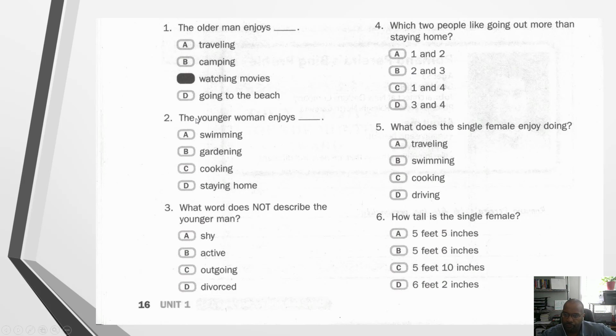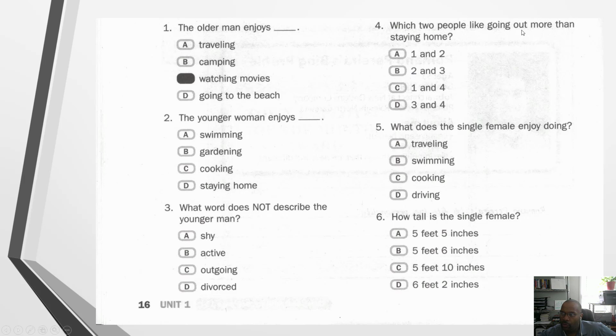Number 2, the younger woman enjoys, I chose swimming. Number 3, what word does not describe the younger man? I chose letter A, shy.